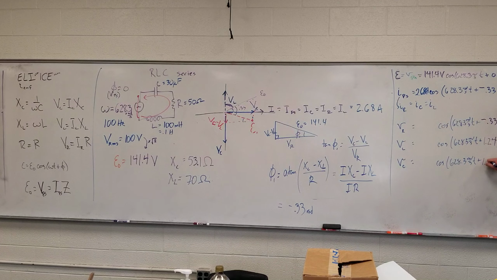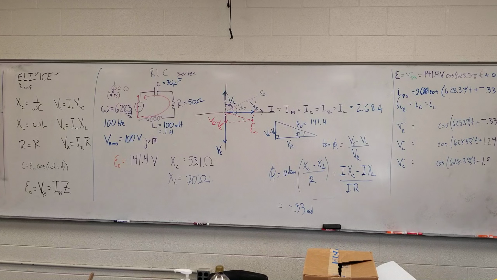Right, 1.90 something? Oh wait, minus. Sorry, it threw me because it came out negative, but that makes sense. Negative 1.24? Not right?